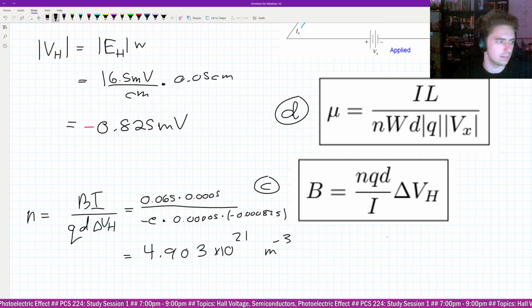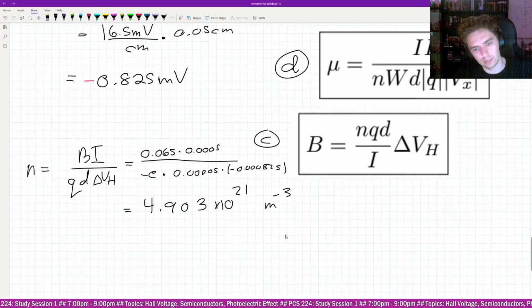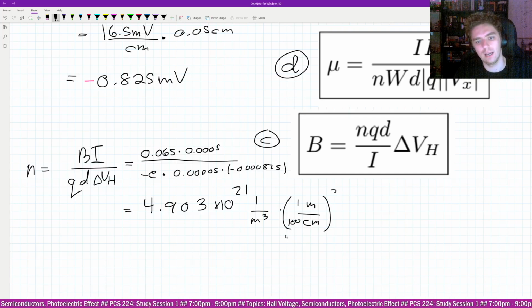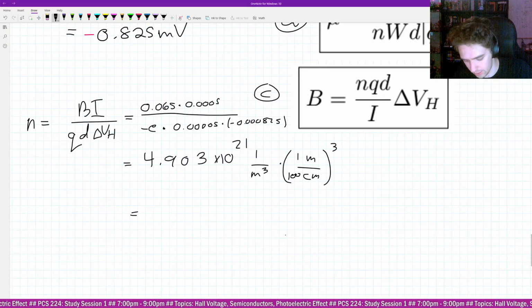There you go. Okay, and then just convert this to per centimeter cubed. In 1 meter there are 100 centimeters, and I want to apply that 3 times, so it's going to be our answer divided by 100 cubed.